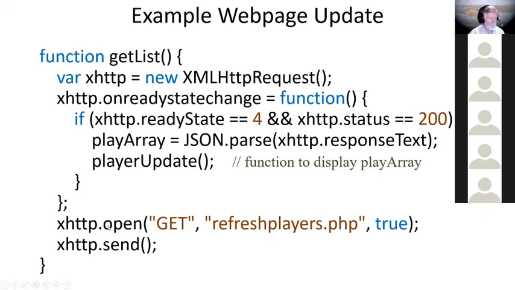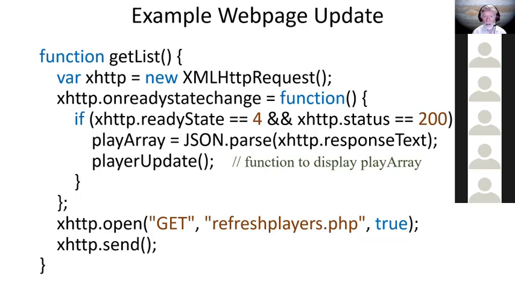Okay, and then finally, the last line of this example, xhttp.send calls the send method on our object, and that says do it. That means send the request to the server. Open tells you what you're going to do, and then we're all set. So there are several things you need to set up before you do send. Send is almost always the last method you call on this object.